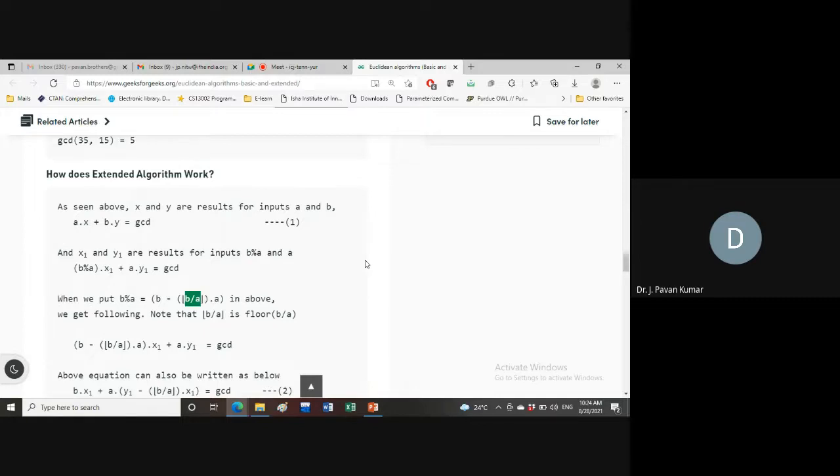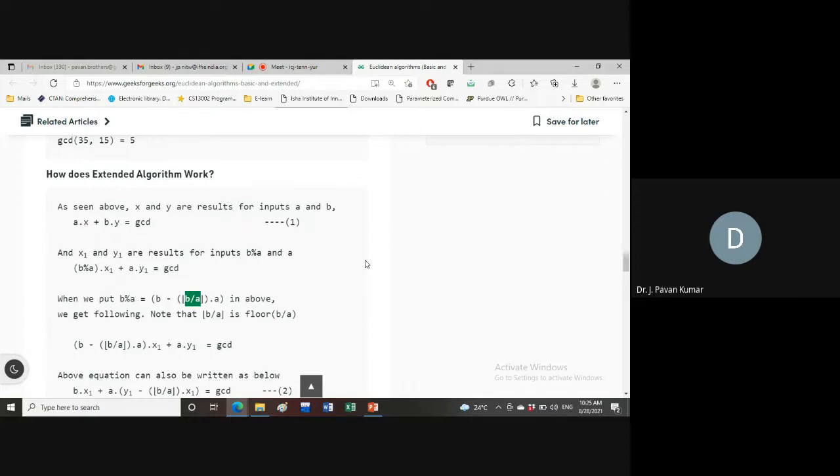Now consider the floor of 2.7. What's the value? 2. Ceiling of 2.7, 3. Floor of 2.9, 2. This clarity you should have. With this example, I think you will remember forever.